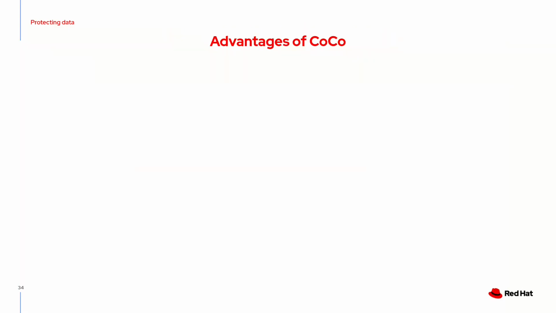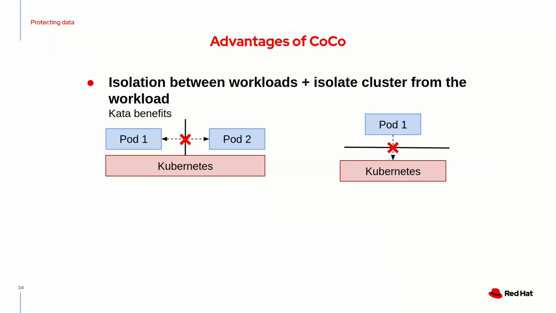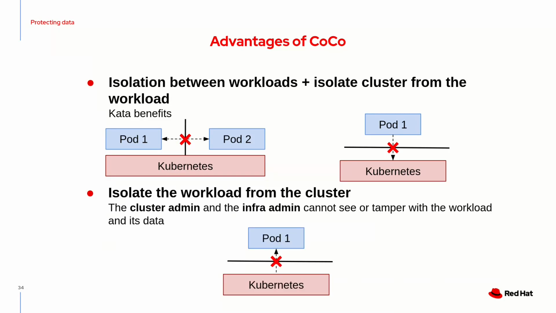So the advantages of a confidential container are the same as kata, namely isolation between workloads and isolation of the cluster from the workload, but they also add the additional protection of isolating the workload from the cluster. So the cluster admin, the infrastructure admin or the system admin cannot see or tamper with the workload and its data. Let's look now at a demo with a confidential container.